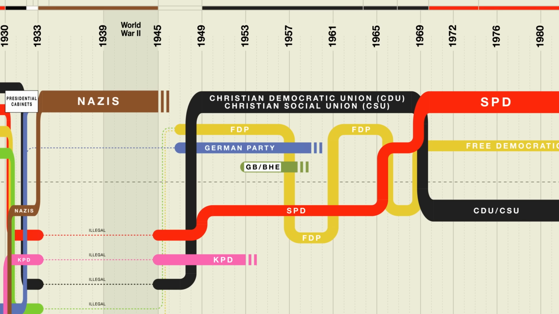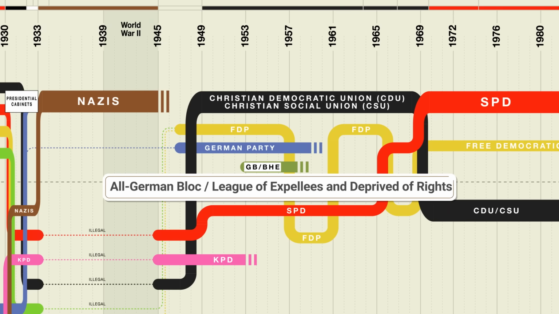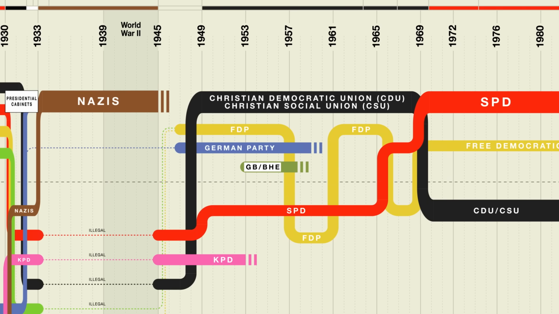In English, it was known as the All-German Bloc, League of Expellees and Deprived of Rights. Basically, it represented those Germans who had been living outside of Germany during the war and had subsequently been expelled from those countries.